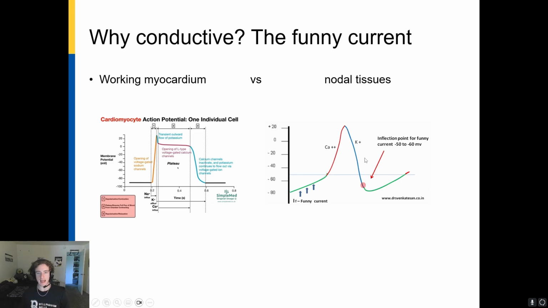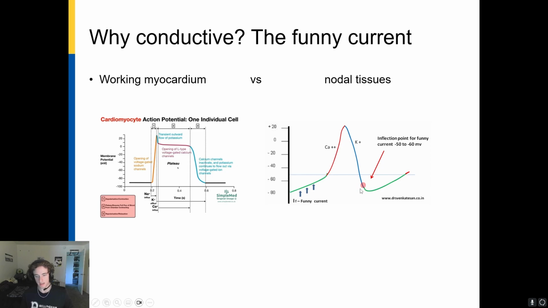The signal happens, the contraction happens, the signal is sent, and then you see the outflow of potassium, same as the working myocyte. You see this to repolarize the cell. Then as you get to this level, around negative 80 millivolts, this signals sodium channels to open.